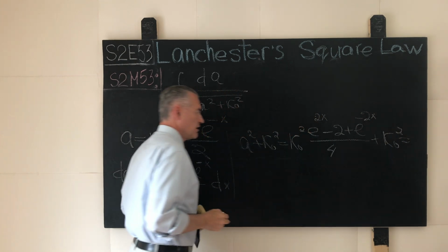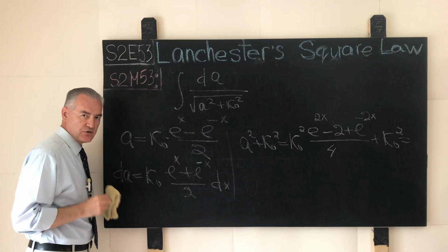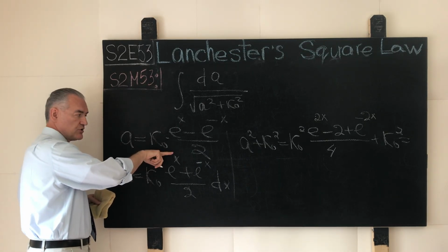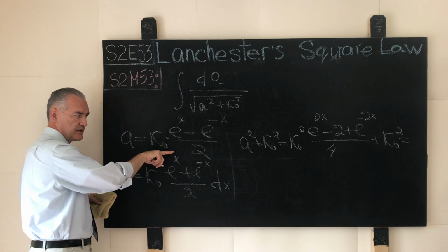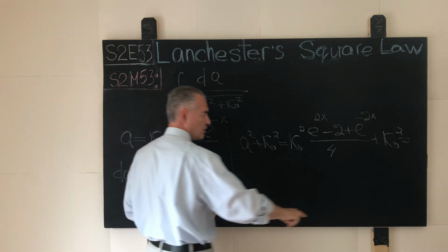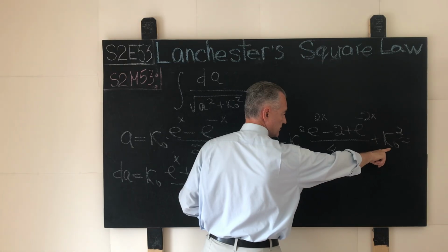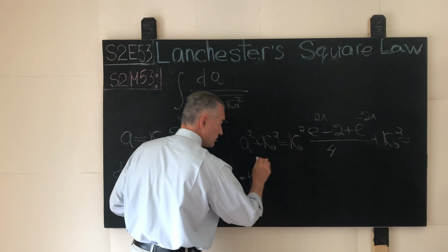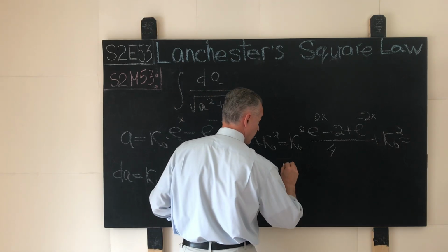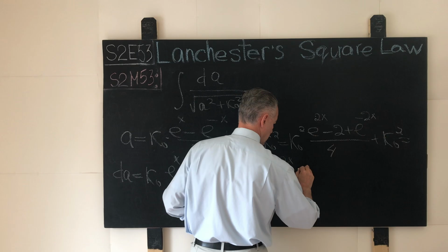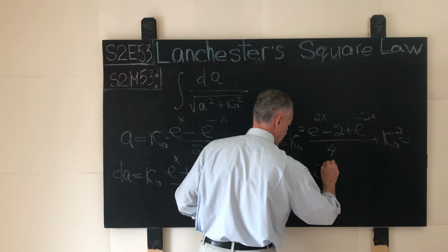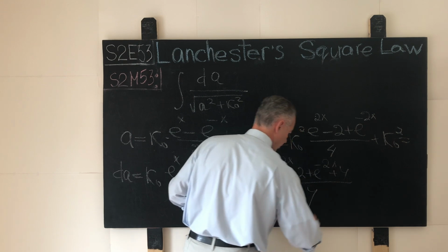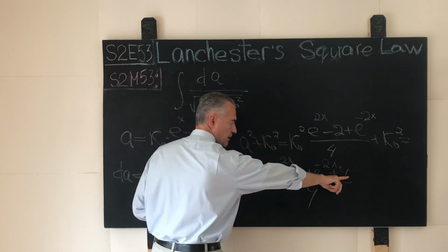Again, at this point it's middle school arithmetic, no mathematics here. The mathematics and the wits, the intellectual voltage, was in coming up with this idea. Why is that? Well, because once we factor out k0 squared, what will we have? e to the power of 2x minus 2 plus e to the power minus 2x, plus 4, over 4.